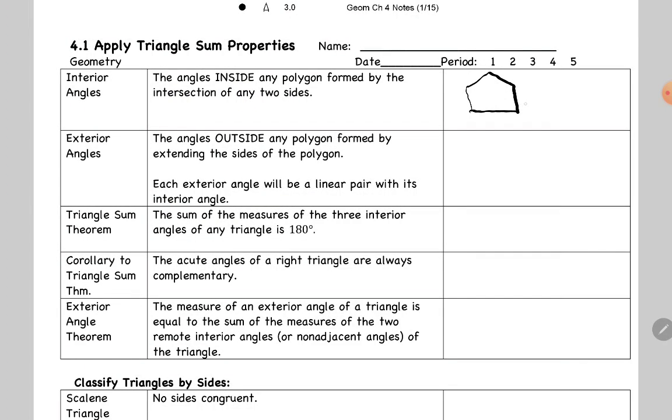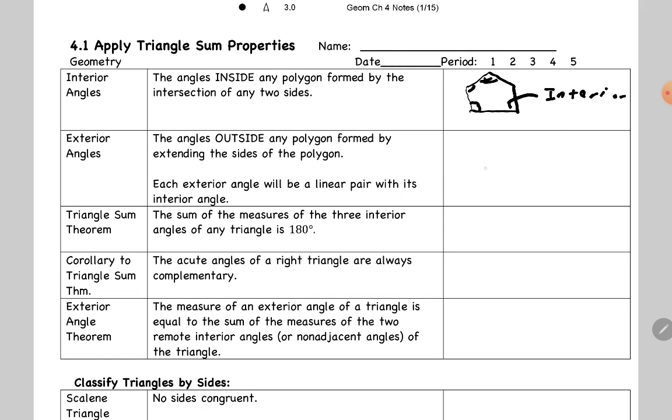So an interior angle is any angle inside the polygon. It's formed by the intersection of any two sides. So right here, inside there, is an interior angle. This one, or this one, or this one, any of those.